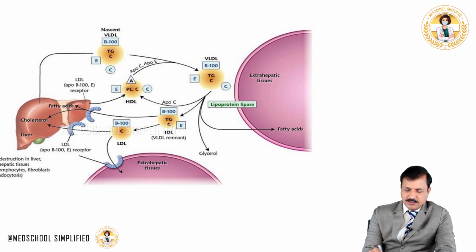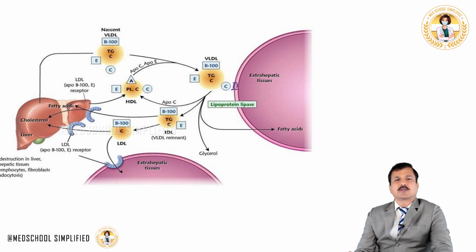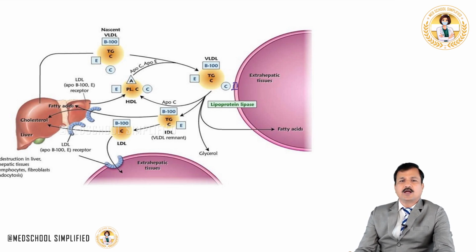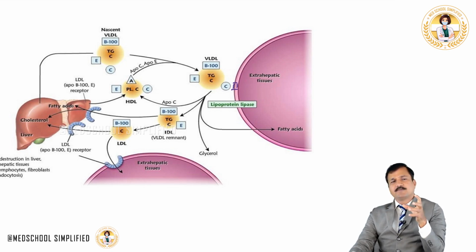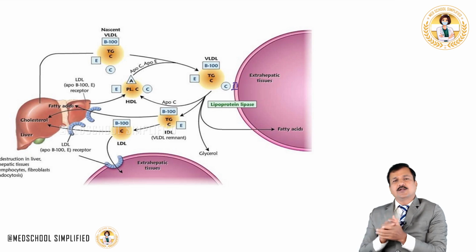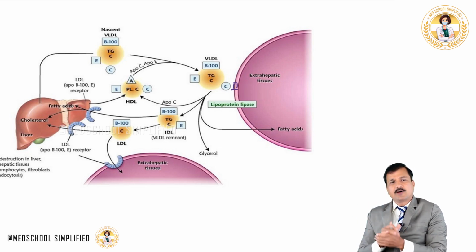Now we have Apo C-II present over the VLDL molecule, and as the VLDL is moving on, this Apo C-II is going to make a connection with lipoprotein lipase, which is attached to the endothelium of blood vessels with the help of heparan sulfate.